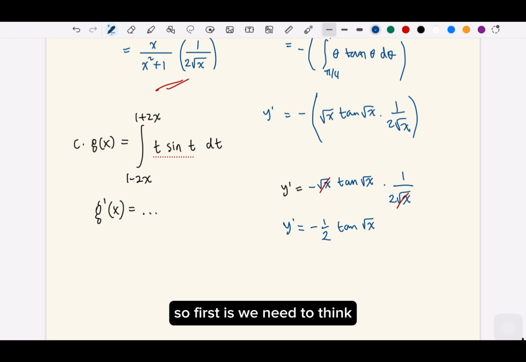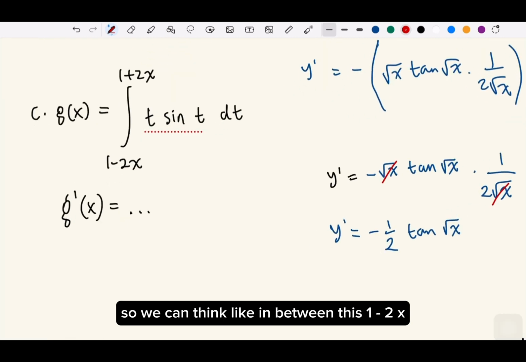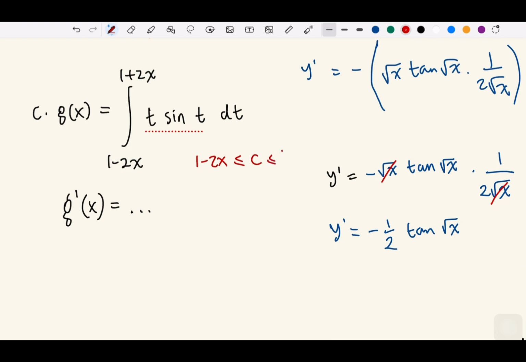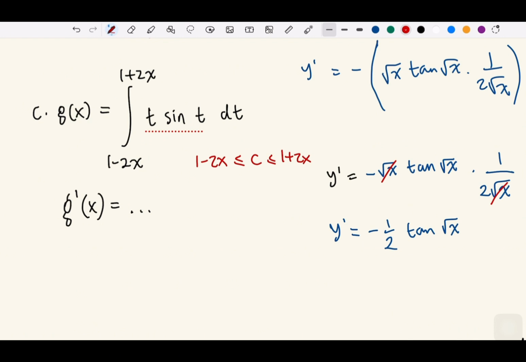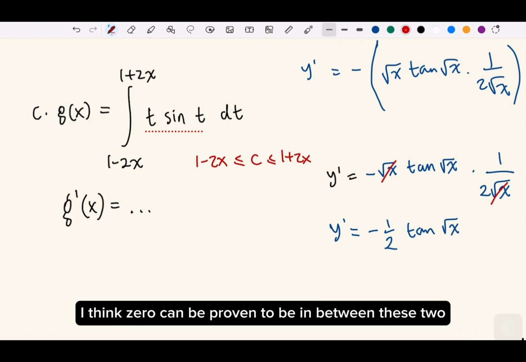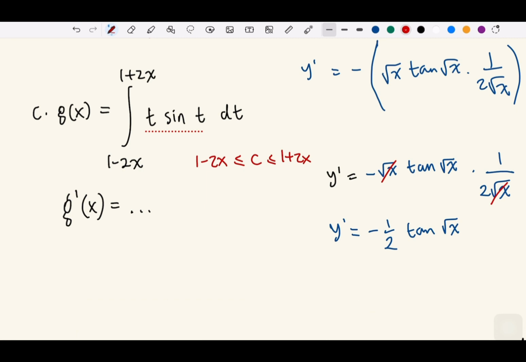First we need to think what is a constant between these two. In between 1 minus 2x and 1 plus 2x, we need to have some constant that should be true for all conditions. And I think if we take c as 0, 0 can be proven to be in between these two. At least it can be done, right?